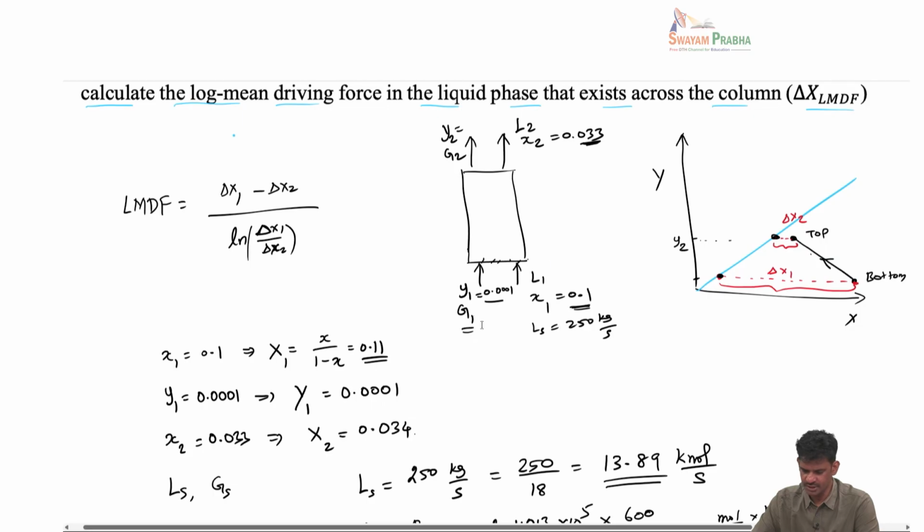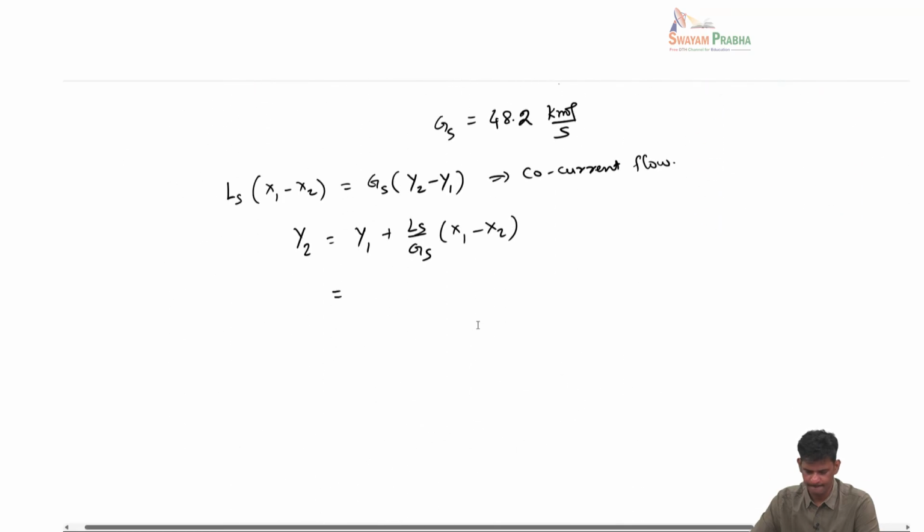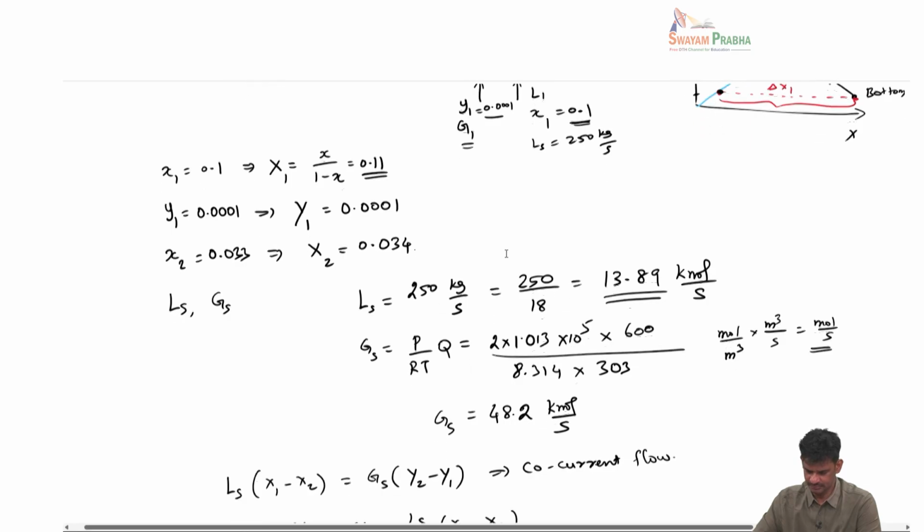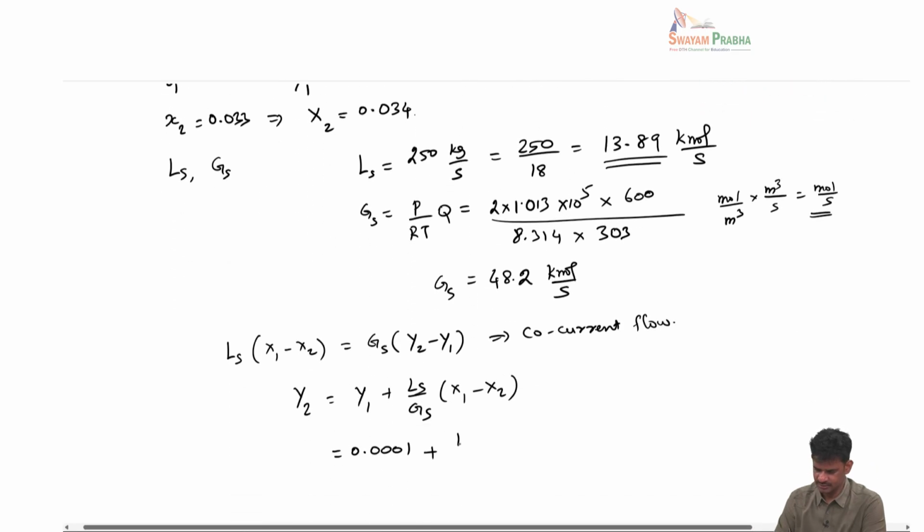So Y1 is 0.0001, and then LS by GS. LS is 13.89, GS is 48.2. Both are in the units of kilomole per second, so they cancel out.